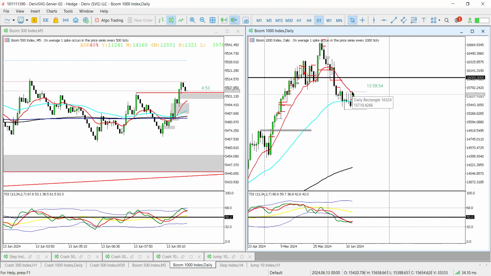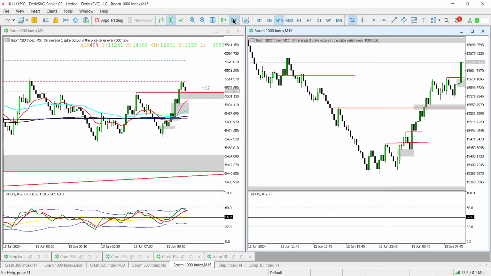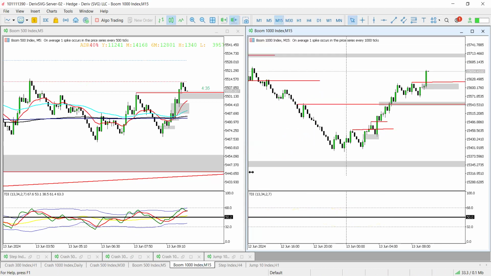So if you notice, we also have the 13 EMA. So if we come above, we could actually be on our way back to 16,000. But this will be between today, Thursday, tomorrow, Friday, and Saturday. So let's just see what happens there. But it looks like it could really pay us well as well.